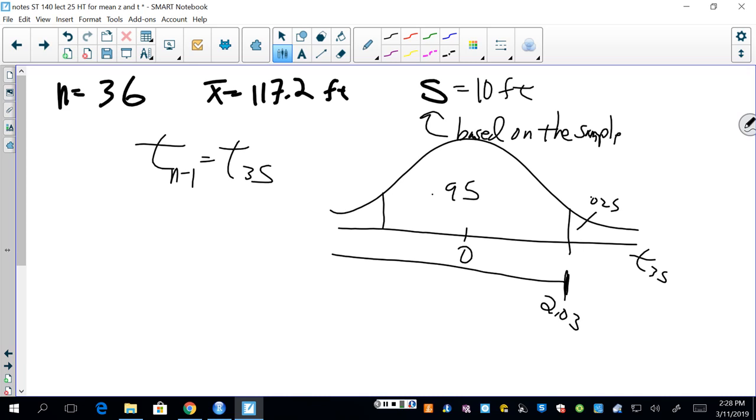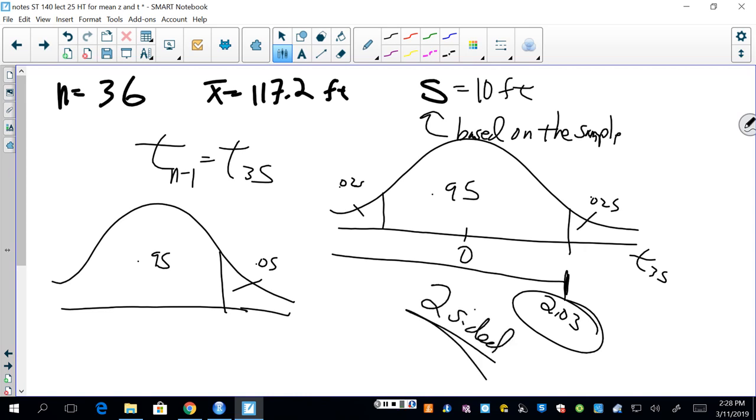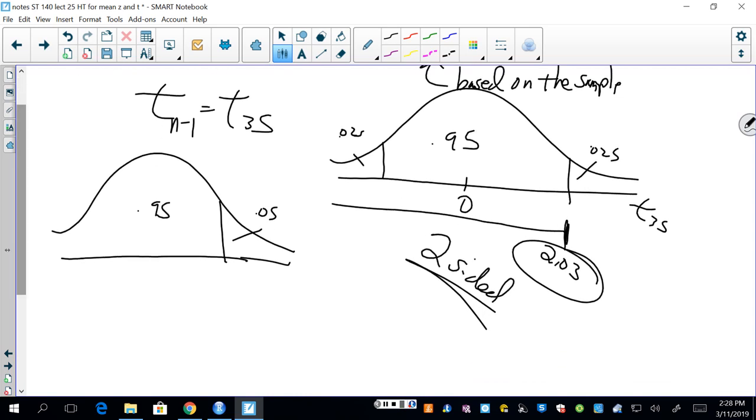Or if we do one-sided, it's also 0.025. So the point is that's a t critical value for two-sided. But when it's one-sided, it's less. It's about 1.69 as a value.